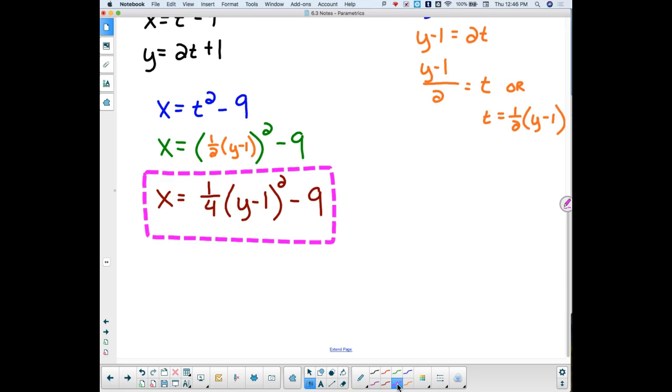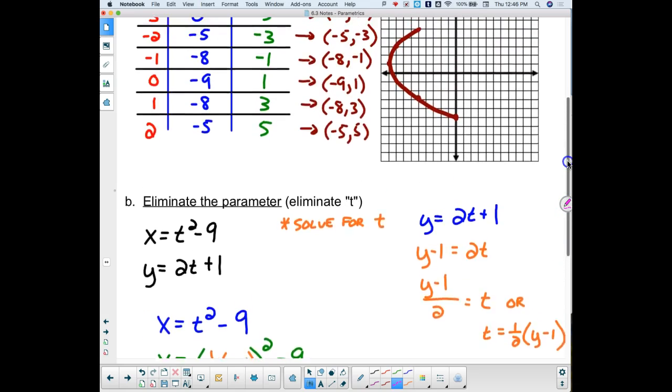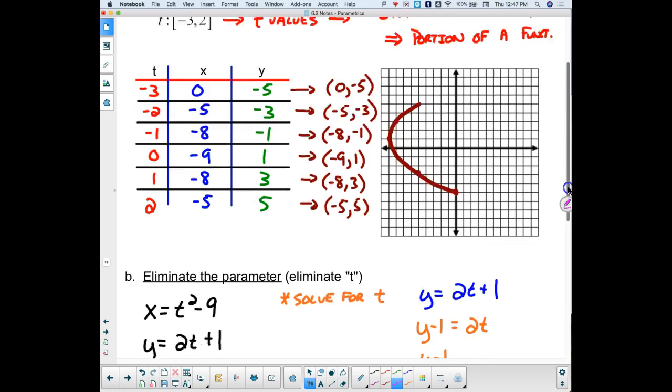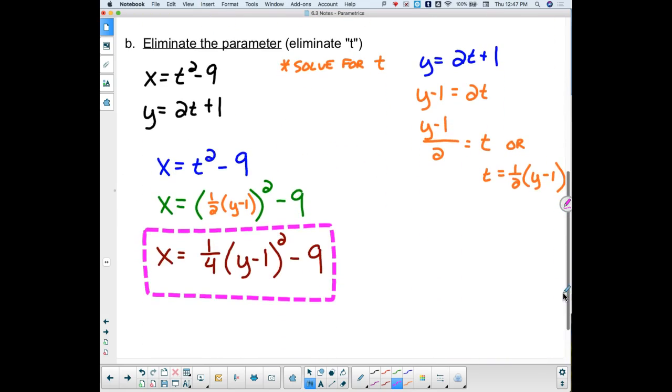Exactly. You are the first person today to pick up on that. We graphed a right opening parabola. We just chopped it off. We only gave a little section of it. So this graph down here, back from our conic sections unit, is a right opening parabola.